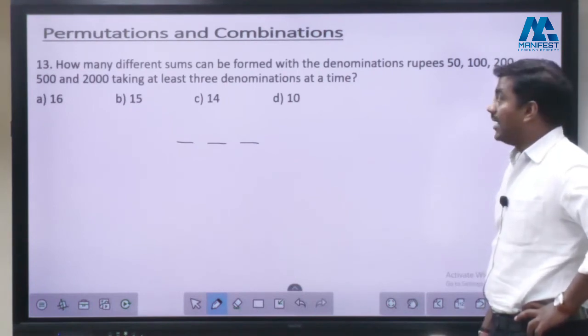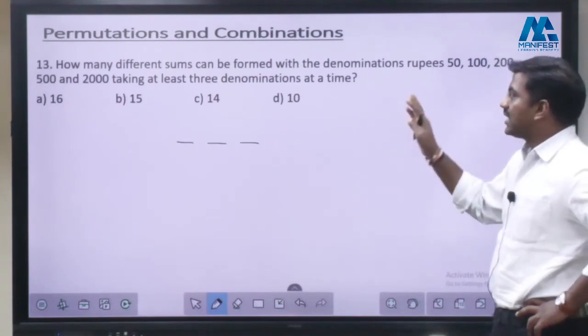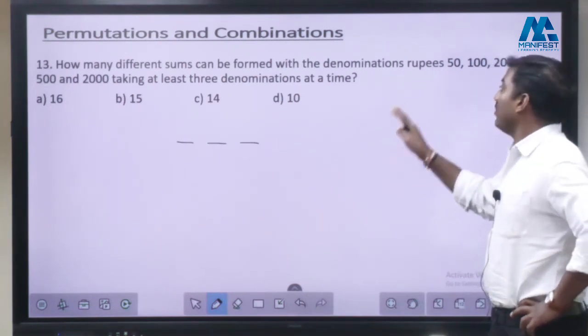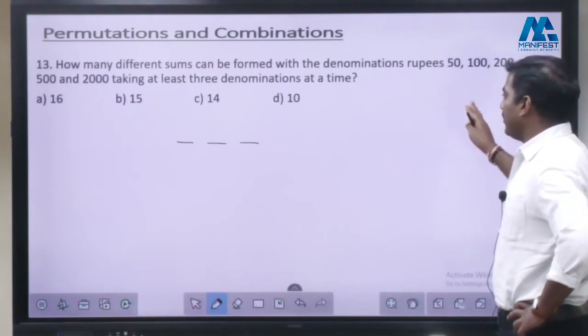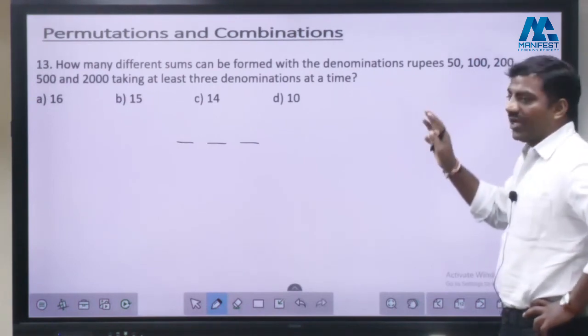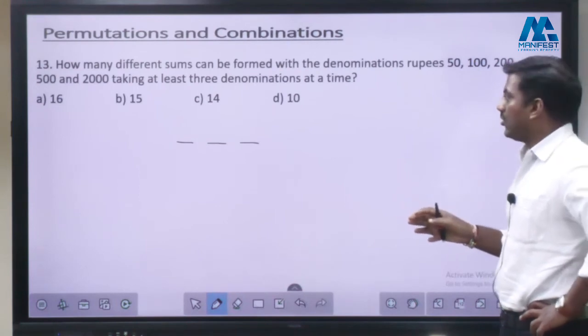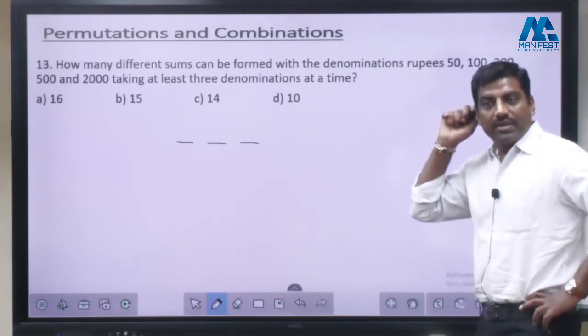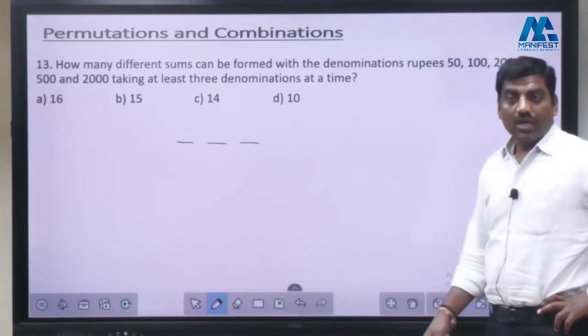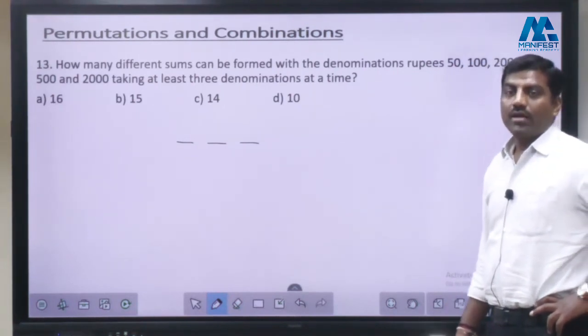At least 3, they are telling. So 5 different notes, and you have to take at least 3. That means 3 or 4 or 5.